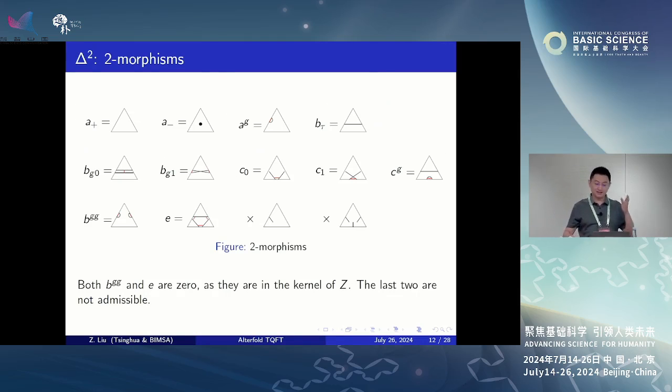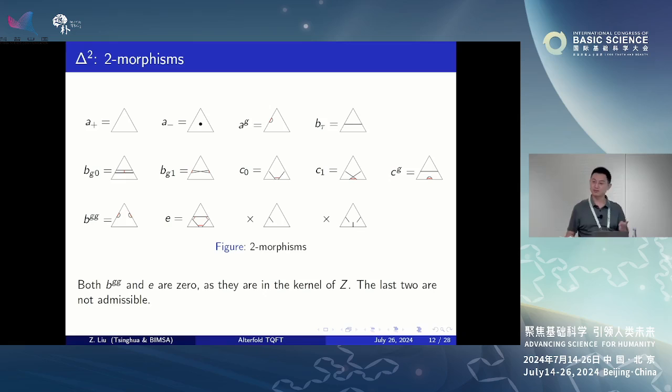And then after we have the one simplex, if we look at the intersection with the triangle, that should be like two morphisms. The edge is a one morphism, and then we make them into a triangle. That's a two morphism. For a two morphism, we will have those one morphisms on the boundary edge.